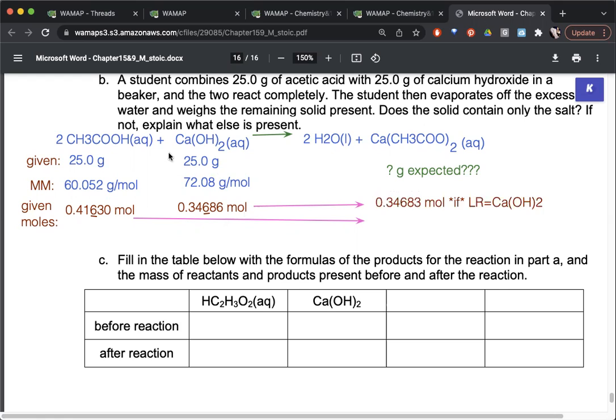Okay, and you can see they're equal because it's 1 to 1. On this one, we're going to divide by 2 and multiply by 1. This is moles we expect if, and only if, which is IFF, that limiting reactant equals acetic acid.